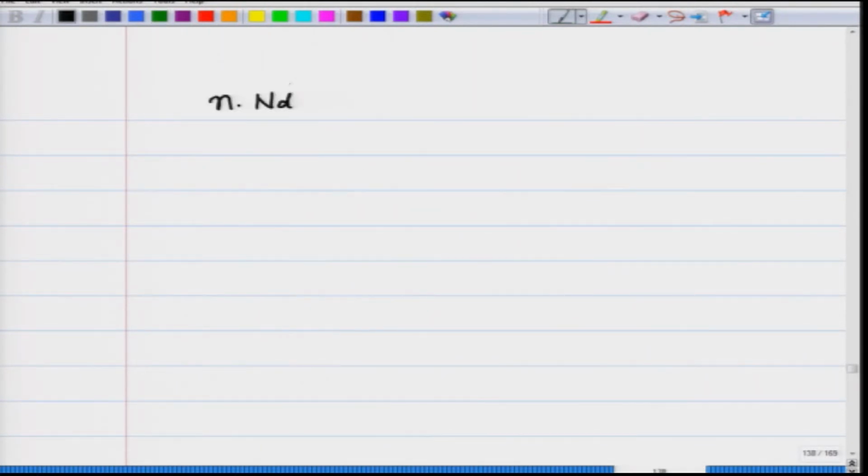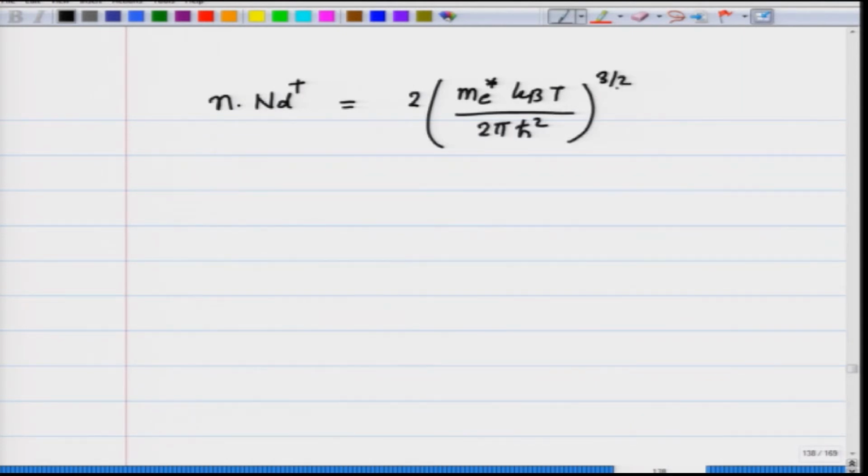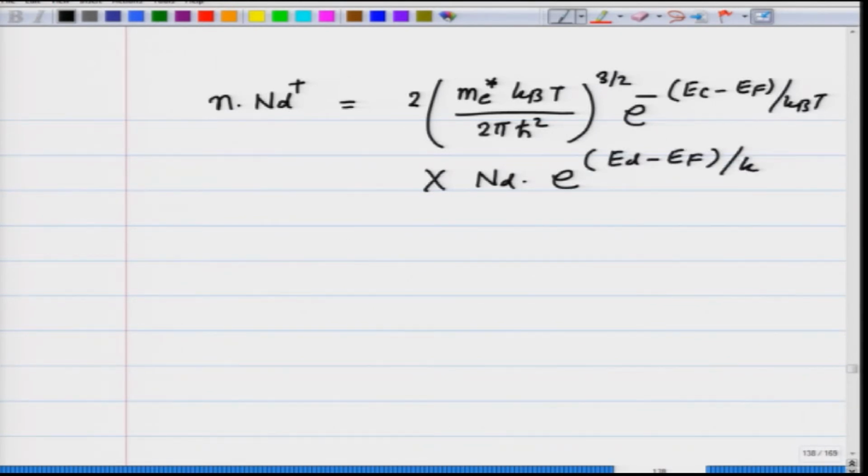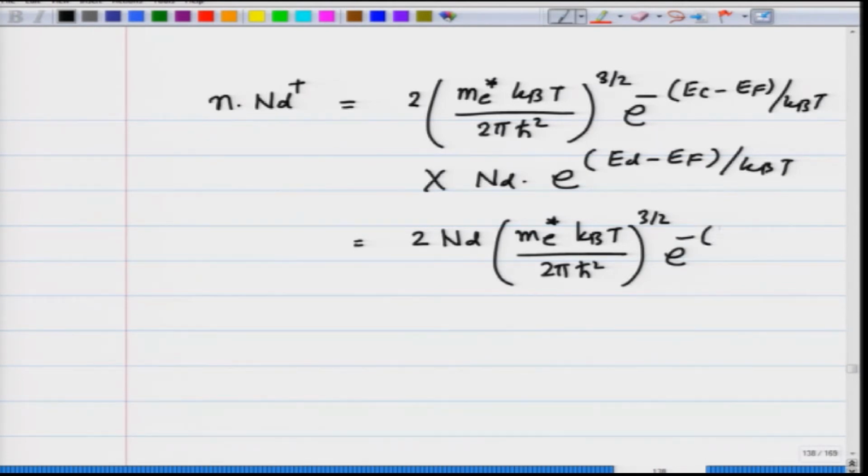This gives me Nd plus is equal to 2 (me star kBT over 2 pi h cross squared) raised to 3 by 2 times e raised to minus (Ec minus Ef) over kBT, times Nd times e raised to (Ed minus Ef) over kBT, which is nothing but 2 Nd (me star kBT over 2 pi h cross squared) raised to 3 by 2 e raised to minus (Ec minus Ed) divided by kBT.